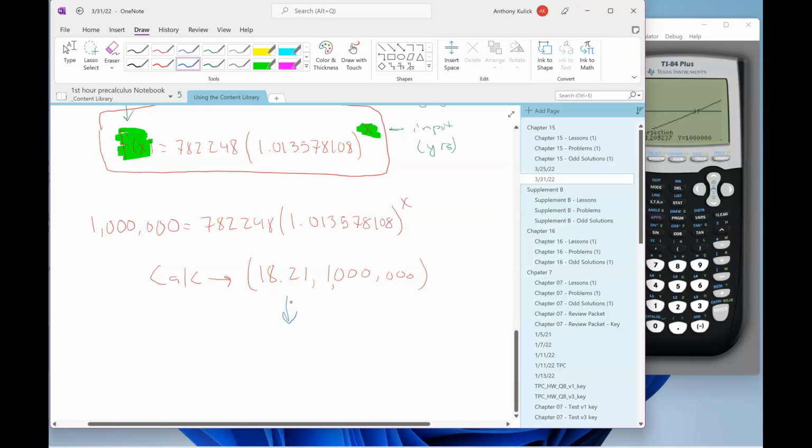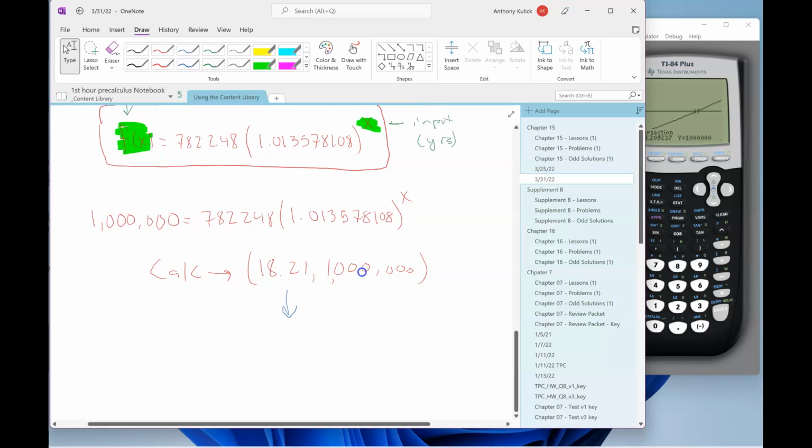So what does 18.21 mean? What is year 0 in our problem? 1990. So this is 18.21 years later.